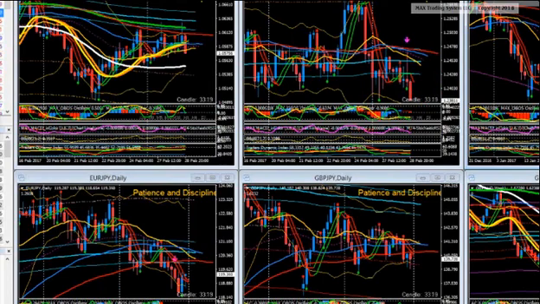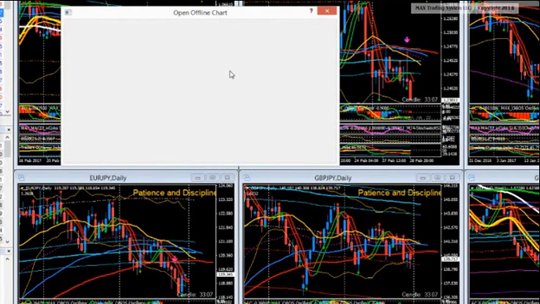So here, where is my cursor? Okay, here. I think the speed of my cursor is a little too fast, so too sensitive. So File, Open, Offline. We have to wait for the window to populate.